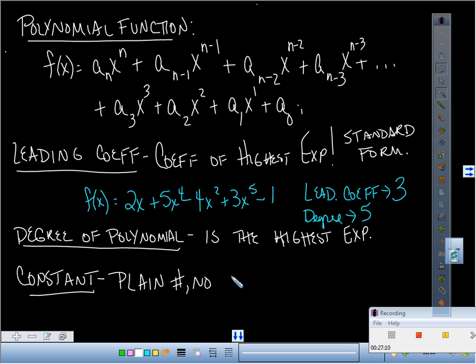It has no variable in it. Can you tell me what the constant of this polynomial is? -1. Very good. Alright, so listen guys, these are going to be questions on your test. I'm going to give you a polynomial, and I'm going to ask you these things about it. That's not very hard, okay?